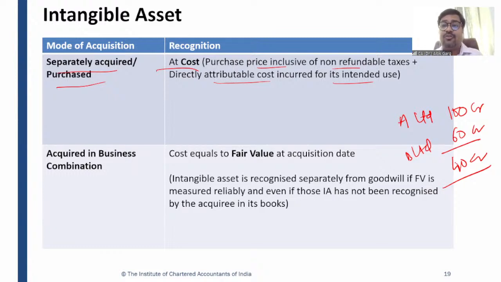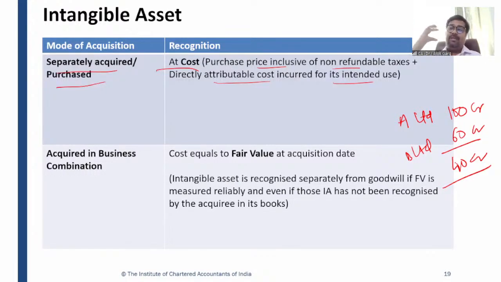This is a case of actually payment for the intangible asset, because the entity is paying 100 crore, and for sure, why will the entity pay the extra 40 crores? The entity will pay extra 40 crores for some future inherent benefits, for some future economic benefits in terms of some intangible assets, right? So now the question arises, sir, A Limited has paid 100 and A Limited has paid extra this 40 crores.